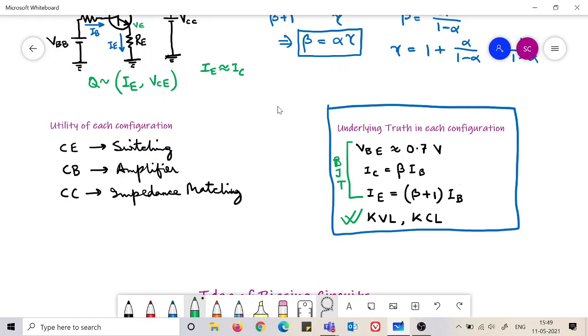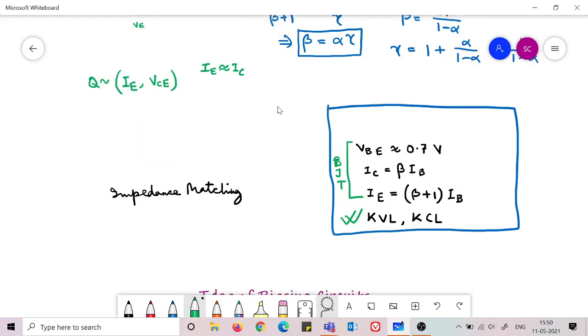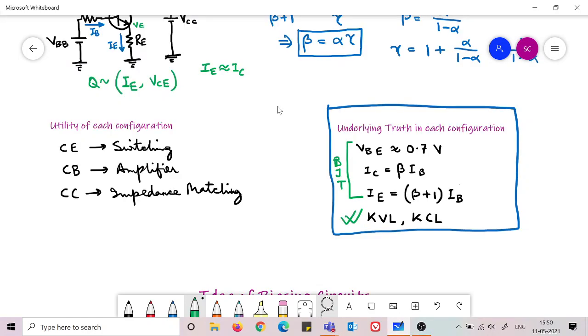When I am talking about signal, normally it gives us an idea of a variable signal, not a DC signal. DC signal is also a signal, but when we call it a signal, we are normally talking about AC signal, something which is varying in nature. So that variation is amplified when we are operating a transistor in the active region.